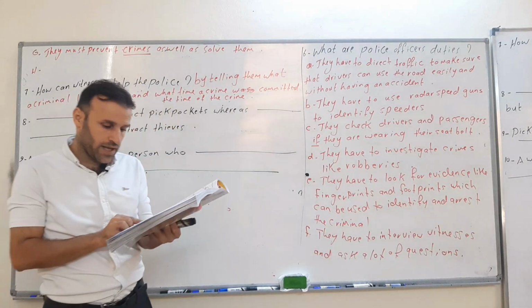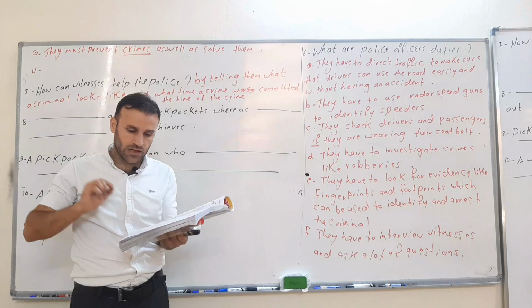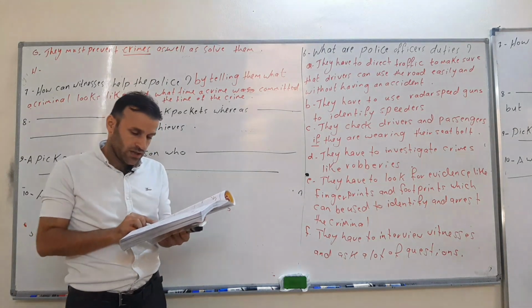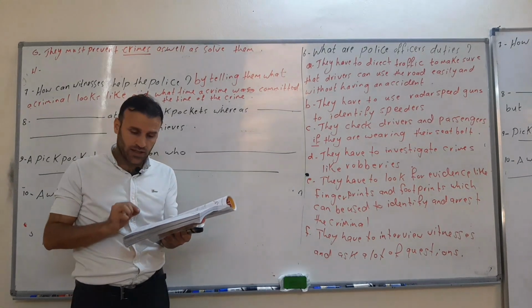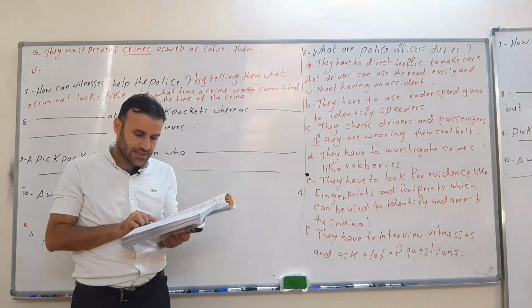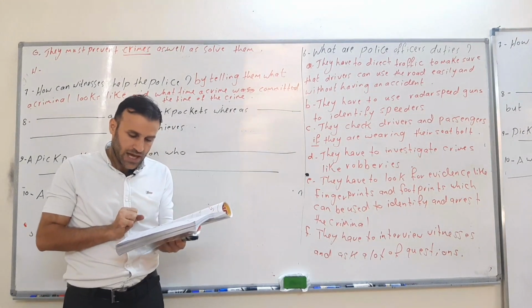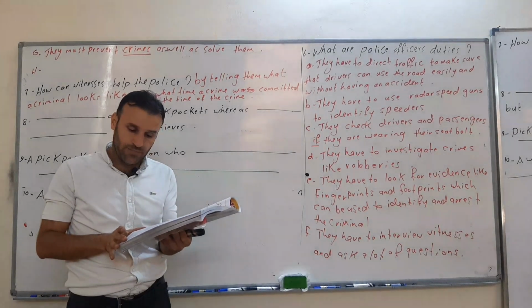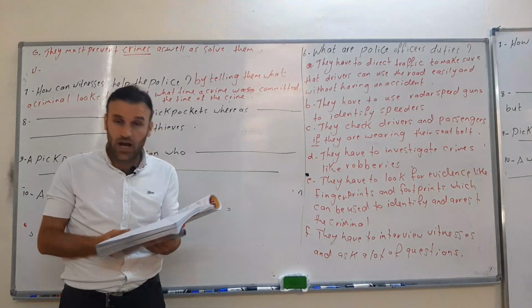They often watch places where they think crimes are likely to happen. For example, crowded areas attract pickpockets who try to steal people's wallets. Shops that sell expensive items also attract thieves, but police officers also help people with everyday problems.